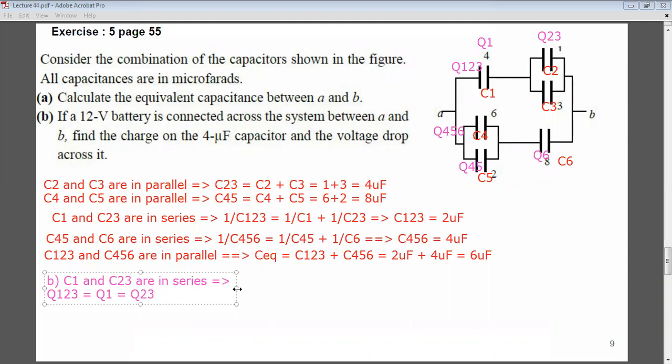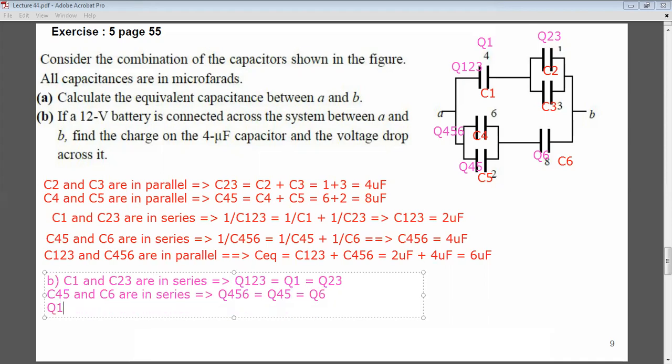That is the total charge in this part of the circuit is equal to Q1 is equal to Q23. Then C45 and C6 are in series, implies Q456 is equal to Q45 is equal to Q6.